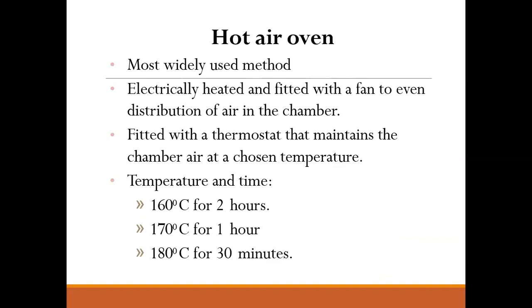Hot air oven is the most widely used method. It is electrically heated and fitted with a fan for even distribution of air in the chamber, and with a thermostat that maintains the chamber air at a chosen temperature and time: 160 degrees centigrade for 2 hours, 170 degrees centigrade for 1 hour, 180 degrees centigrade for 30 minutes.